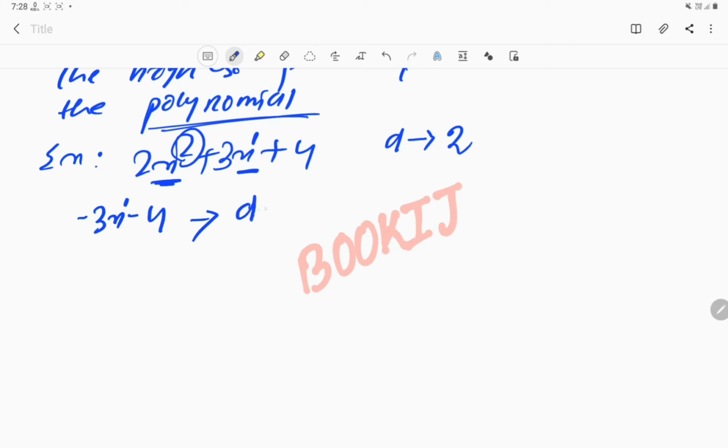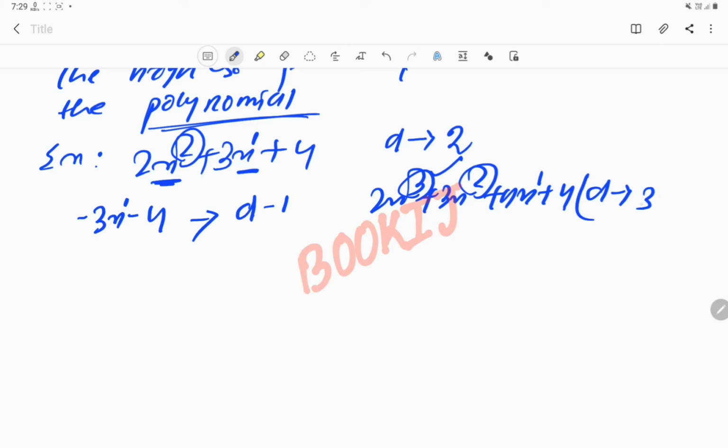Hence the degree of the polynomial is your 1. Now 2x cube plus 3x square plus 4x plus 4. Here x has power 1, x has power 2 and x has power 3. But highest power is 3. Hence the degree of the polynomial is your 3.